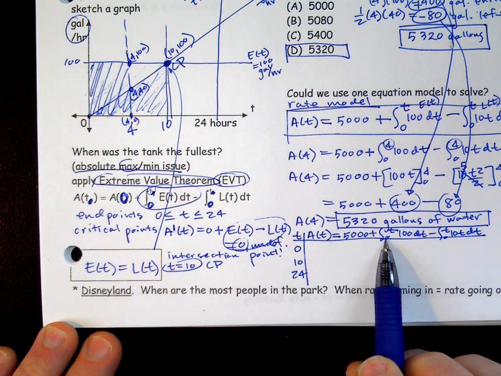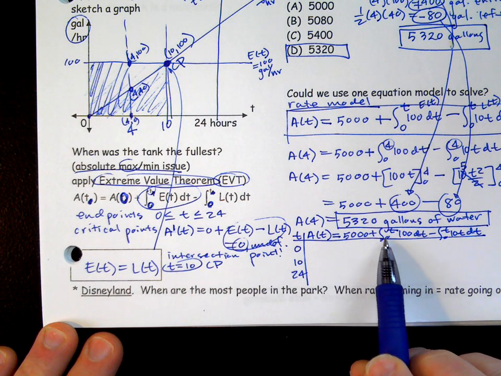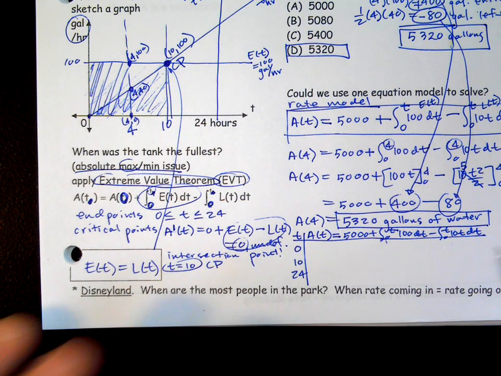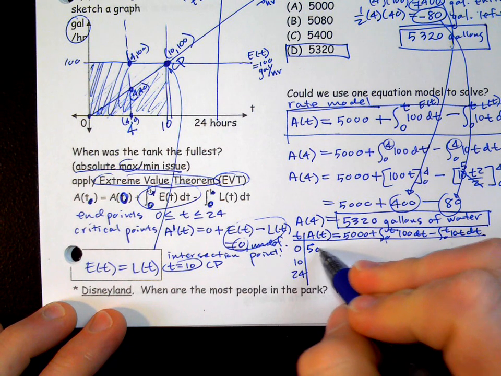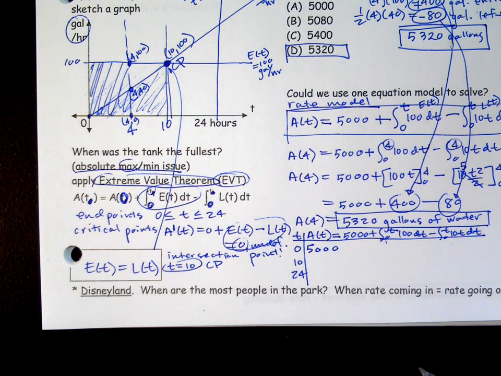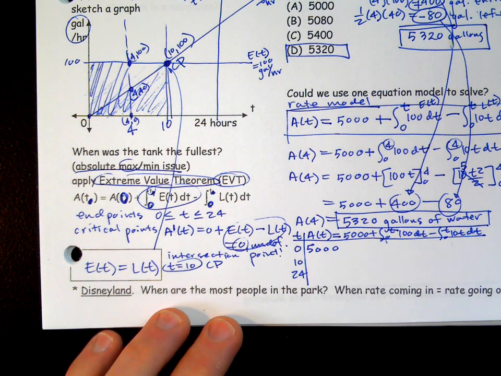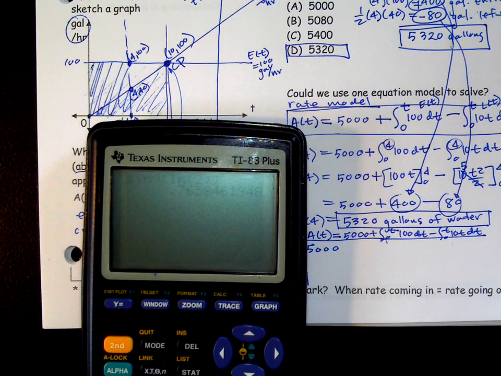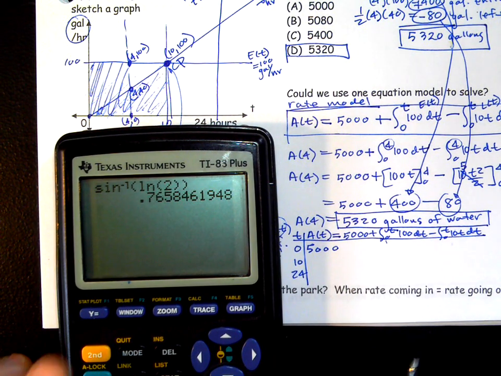Now, if you plug 0 in, that's easy because the integral from 0 to 0 of anything is 0, and you get 5,000, which would make sense because that was the initial amount. If you plug 10 in, I'm just going to do this on my calculator because we'll often use our calculator.